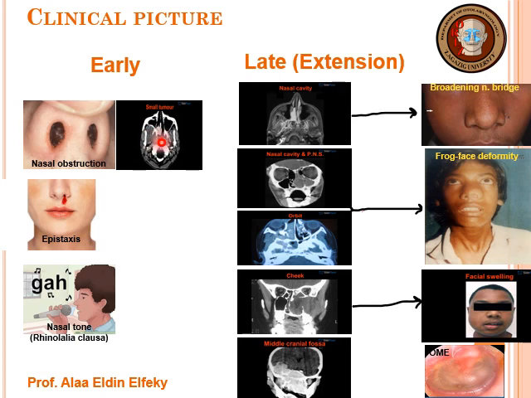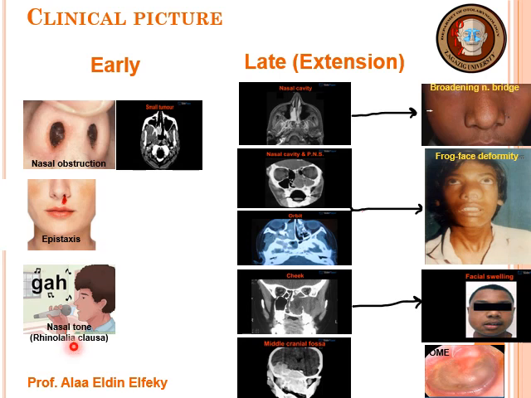At this tumor, we can just say nasal obstruction, epistaxis, recurrent attacks of severe epistaxis, and this depends on the types of the blood vessels. If there are many vessels with no muscle coats, there will be severe epistaxis. Also, there is a nasal tone which is called rhinolalia clausa. So the early symptoms are obstruction, epistaxis, and nasal tone.